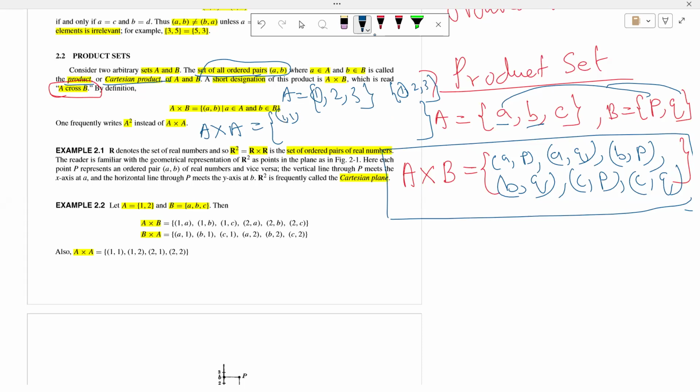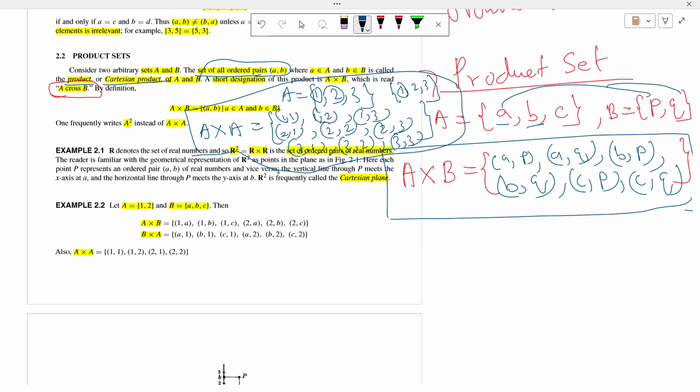Then with 2: 2 comma 1, 2 comma 2, 2 comma 3. Similarly 3 comma 1, 3 comma 2, then 3 comma 3. So these are all the ordered pairs of A cross A. If you write all the ordered pairs as a set, we call that the product set.